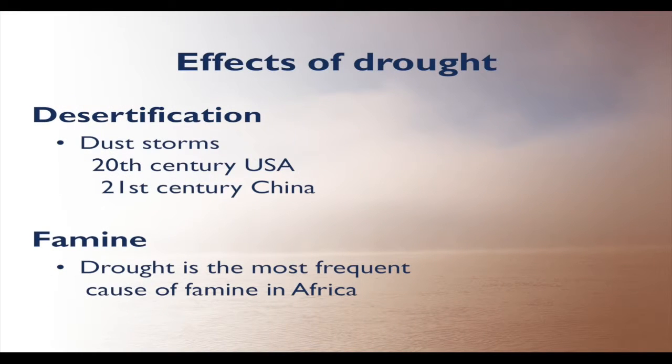Drought and its effects are rather remarkable when we talk about the desertification of areas, for example, in the dust storms in China. One of the things that's happened outside the capital of China, Beijing, is the Gobi Desert, actually there. Many of you have probably heard of this famous area.